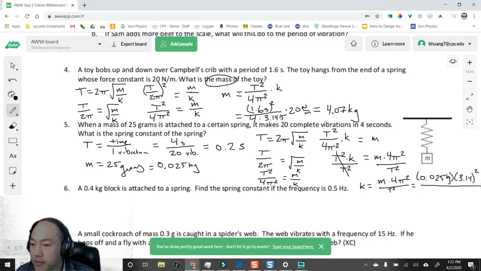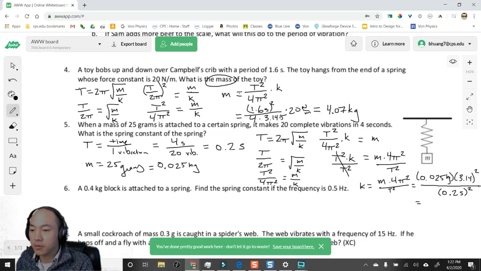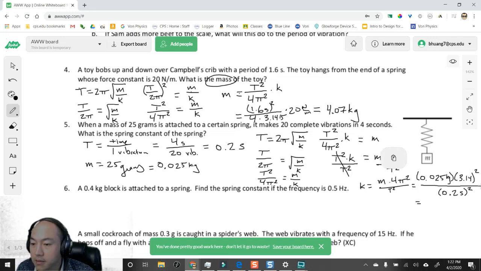In this case, we found out that that was 0.2 seconds squared. And we plug it into our calculator. 0.025 times 3.14 squared gives me this number, divided by 0.2 squared gives me 6.16 is the spring constant. 6.16 newtons per meter is the spring constant.